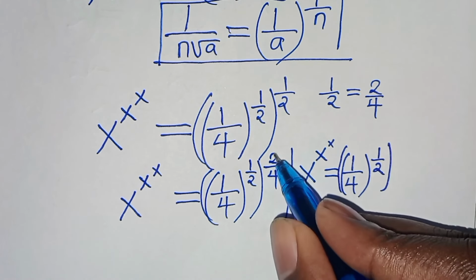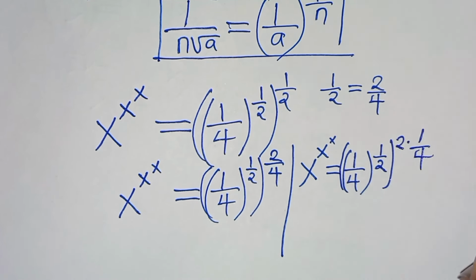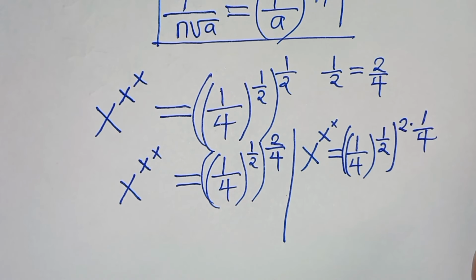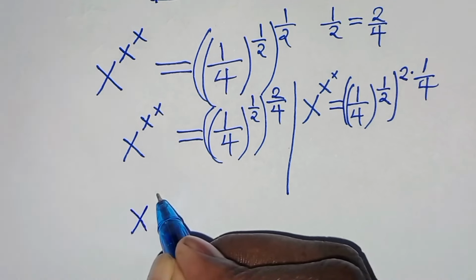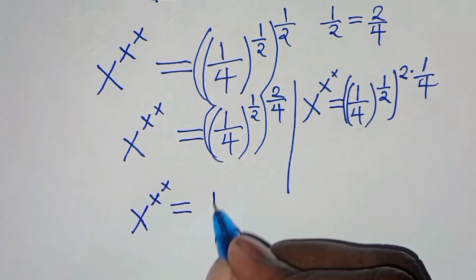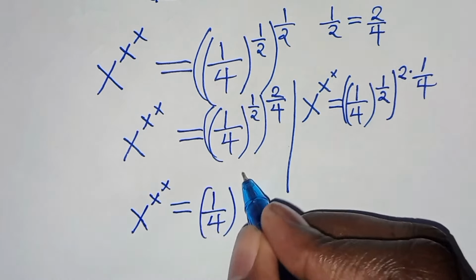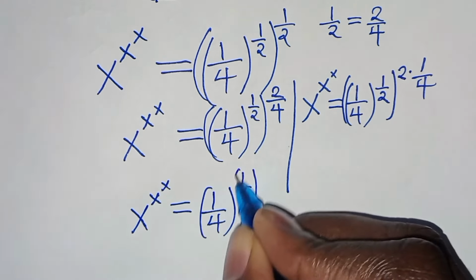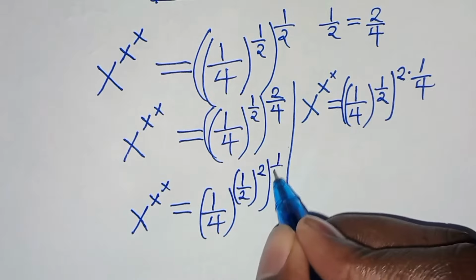Now we can express 2 over 4 as 2 times 1 over 4. So that now we have 1 over 4 raised to power half squared, then raised to power 1 over 4.